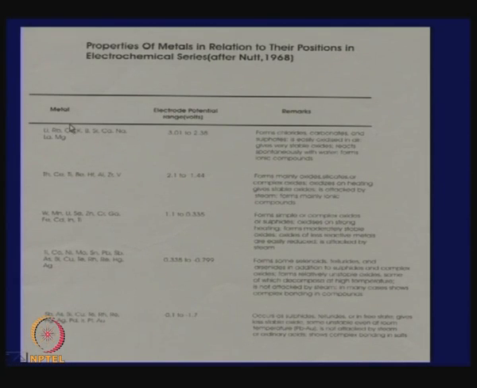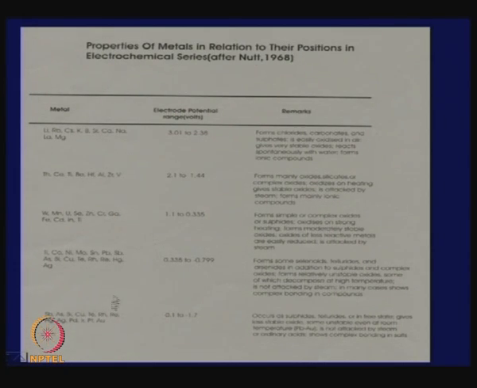We have seen metals with electrode potential values range, the more reactive ones in this range, one group, then another group, then another group, and at the bottom are those where you got negative electrode potentials, and there we have some precious metals or absolutely inert metals like gold also.